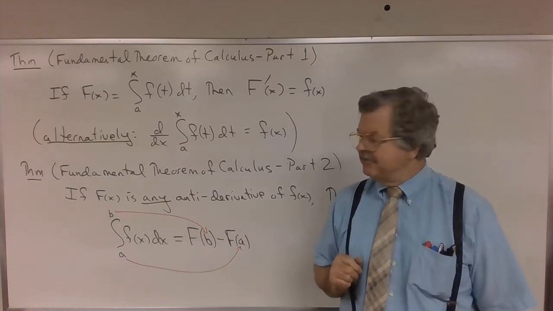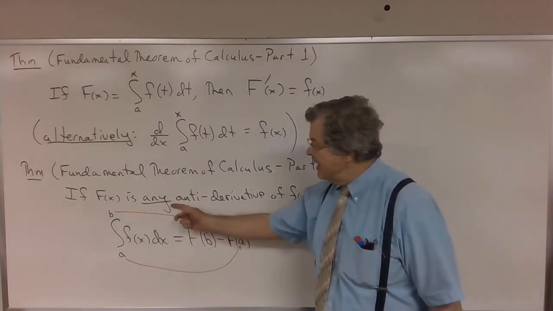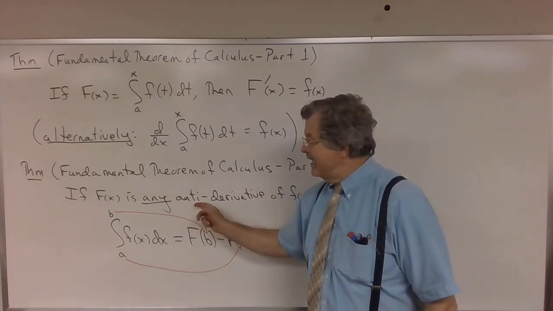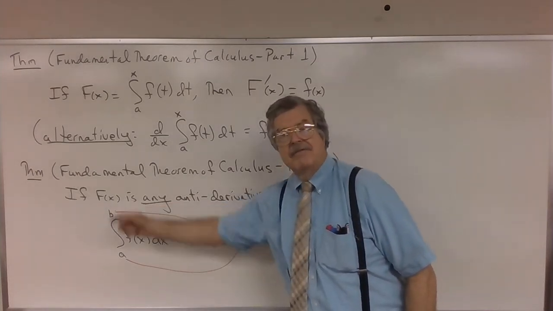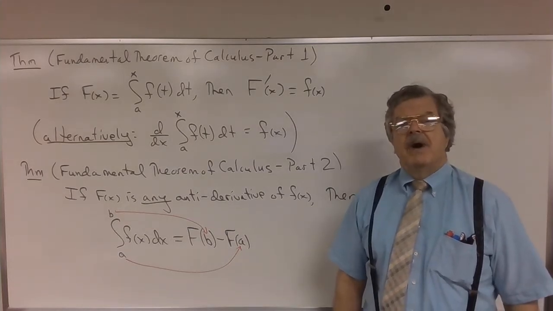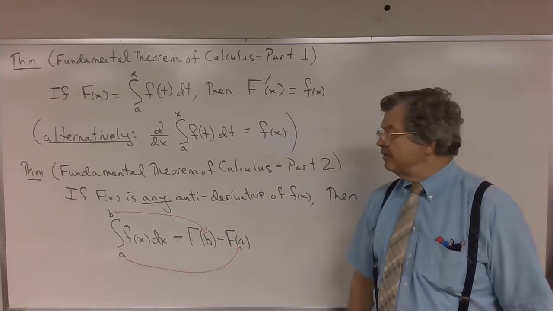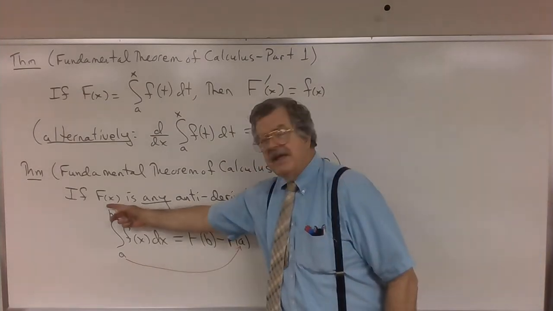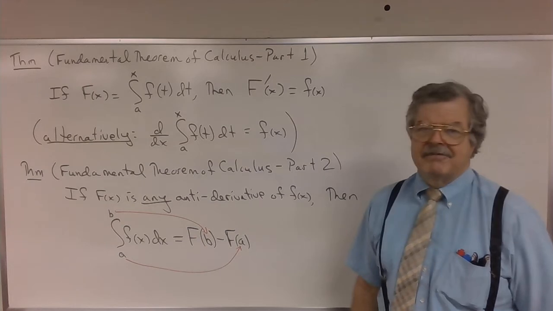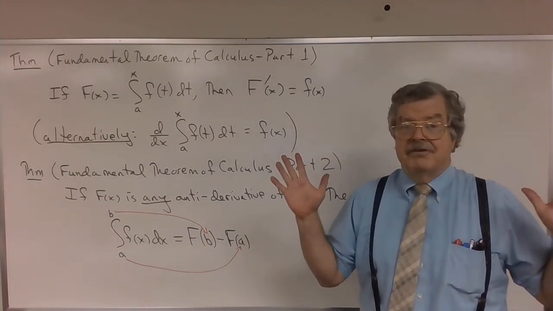One explanation for that is that the fundamental theorem of calculus tells us that any antiderivative capital F of x will do. So why not make it as simple as possible, and just choose the antiderivative capital F of x that has 0 as a constant term.